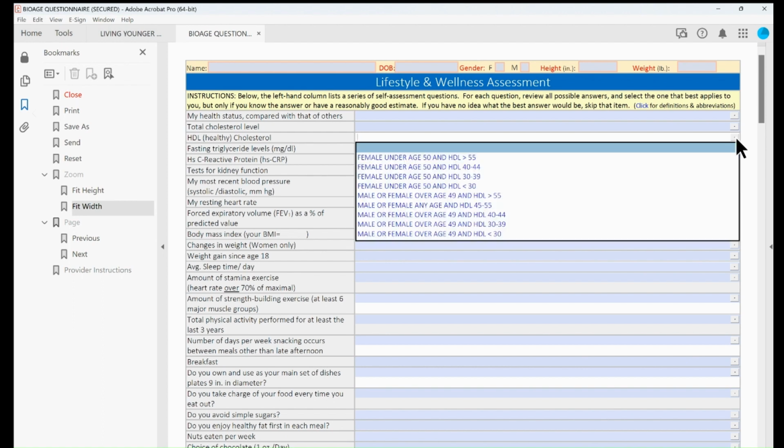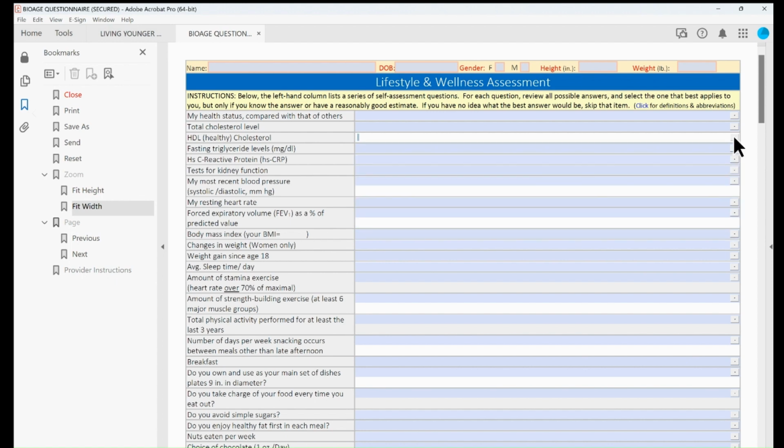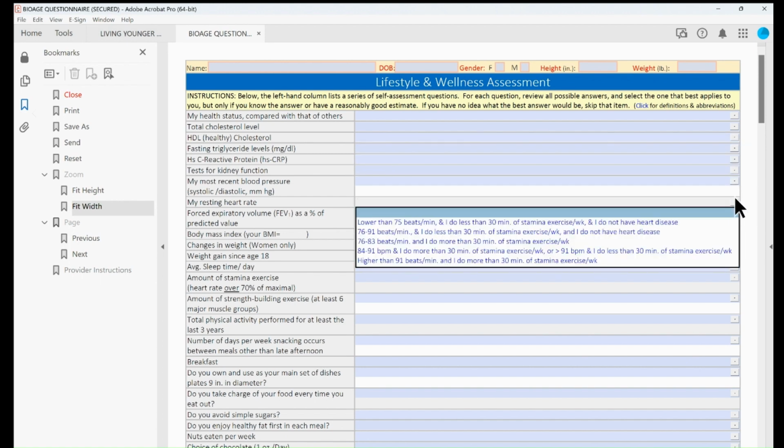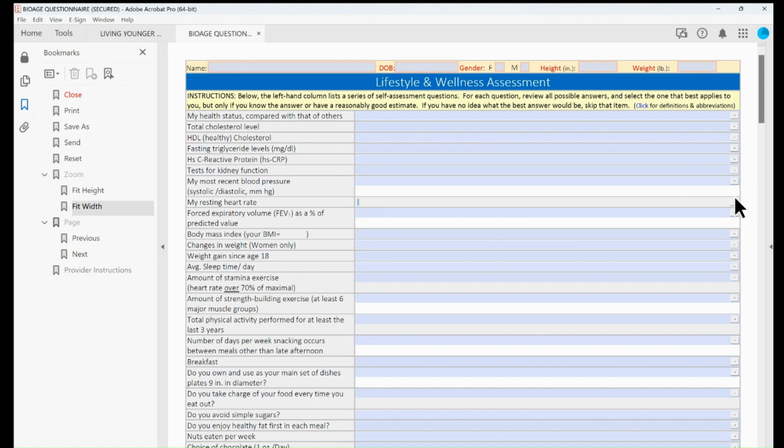Some of the options are, as you can see here, gender and age and lab result specific. Others are yes and no, so they vary in terms of the options that are available in each question. When it's returned to you, your job is to review the questionnaire for sections that the patient could not answer.